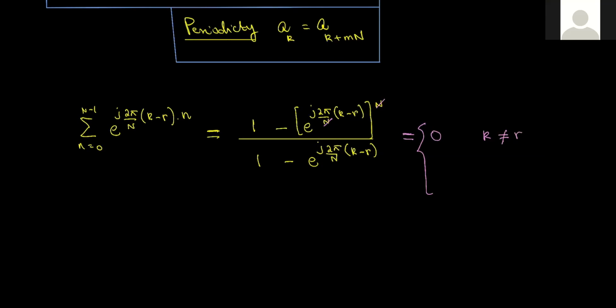Yeah, so the numerator exponential is still 1. What about the denominator? So before on the left hand side, when it becomes 1, you're just summing 1 from 0 to N minus 1, which is just N. ठीक है, लेकिन आपने यहाँ पे कहा कि when k equals r, you're just summing 1 N number of times, so that is equal to N.